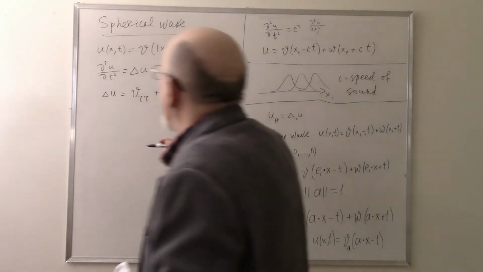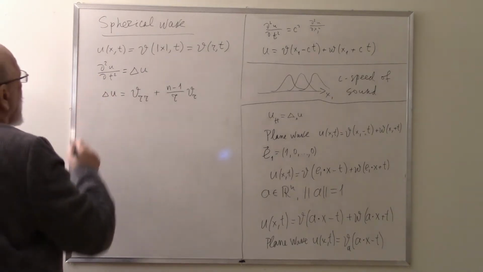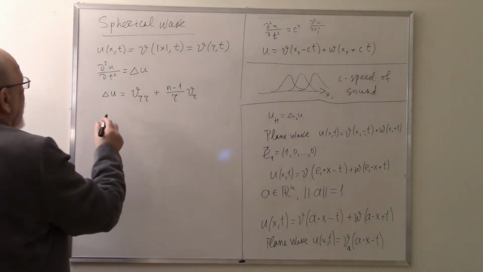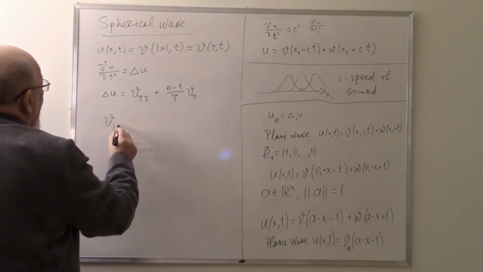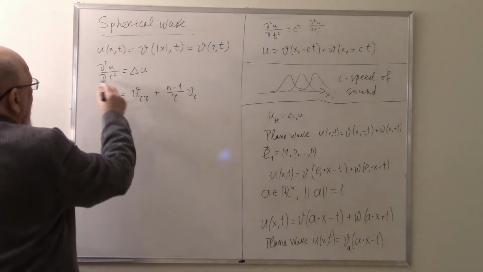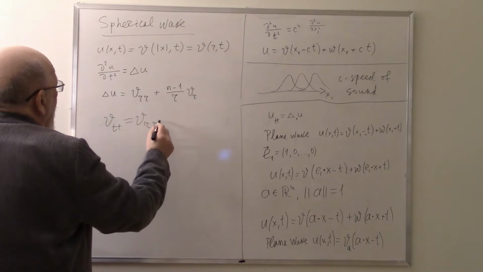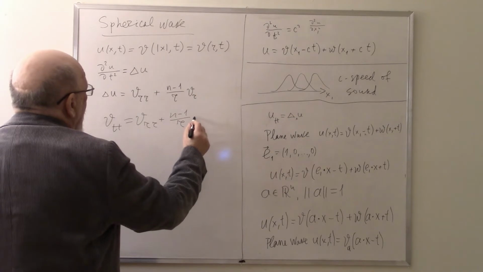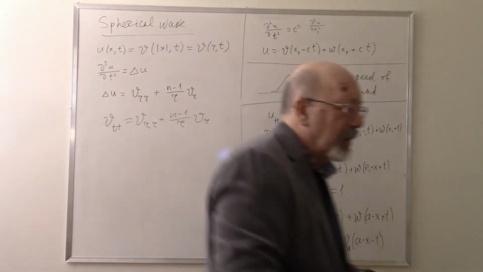And if you substitute it into the equation, you have the following equation: v_tt, the second derivative with respect to t, equals v_rr plus (n minus 1) divided by r times v_r, where n is the dimension of our space.